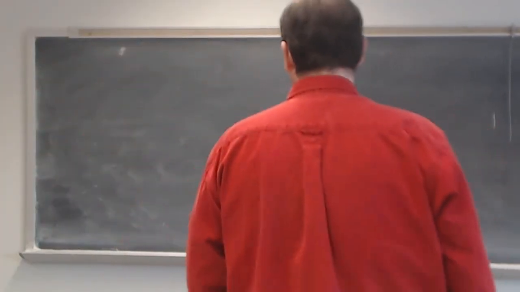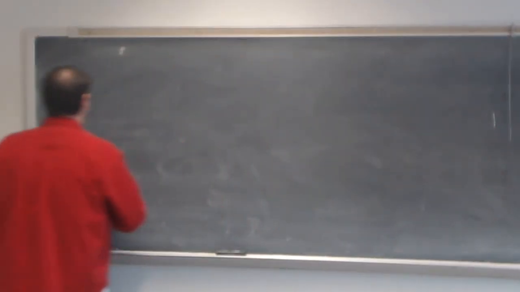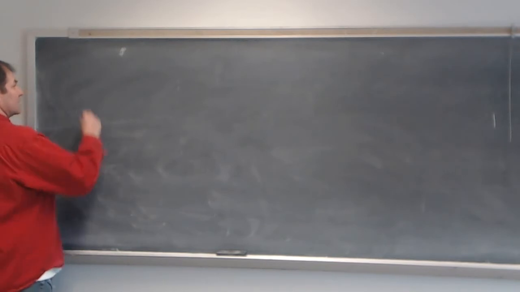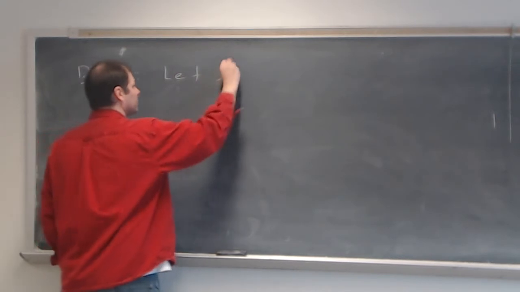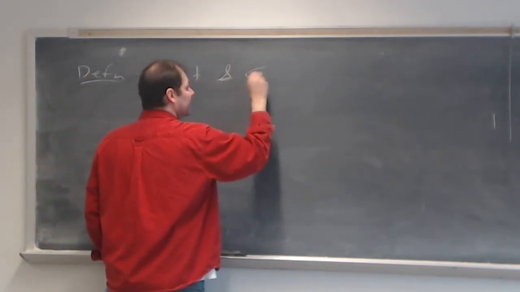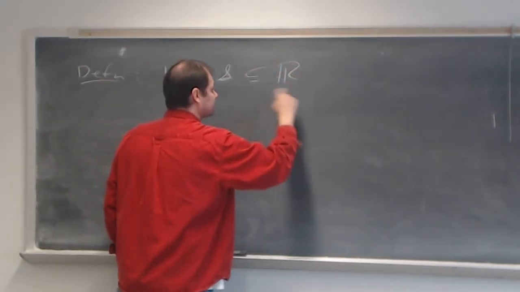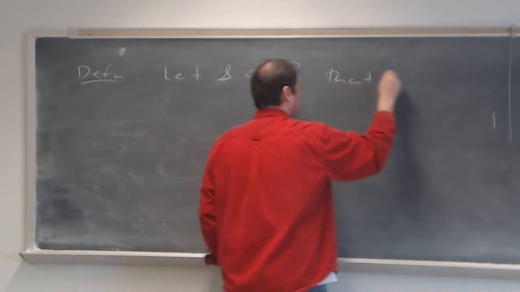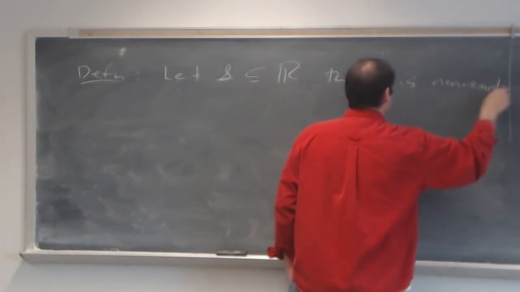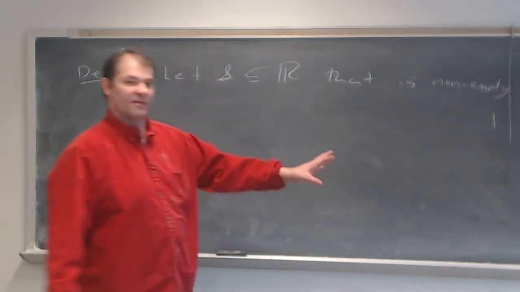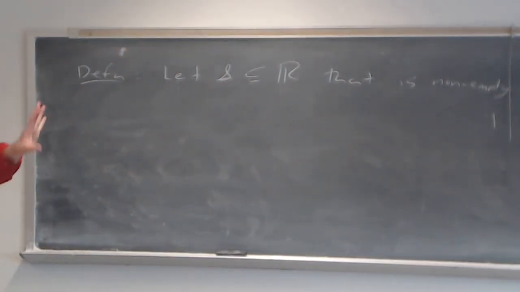is what it means for a non-empty subset of real numbers to be bounded above. So definition, we're going to let script S be a subset of R, so it's a subset of real numbers that is non-empty. So that's the way I'm going to express this instead of the phraseology I used before. It's the same meaning. Okay? So S is a non-empty subset of R. That's what I just wrote.